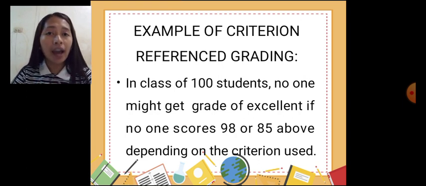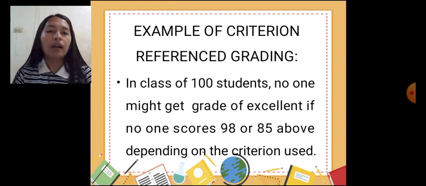If the student gets 88 or 90 and above, then the student might get a grade of good. It depends on the criterion used.